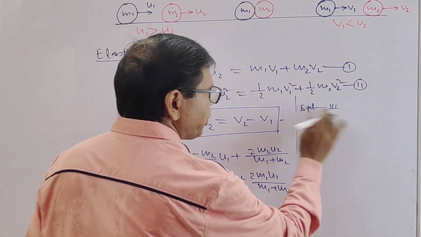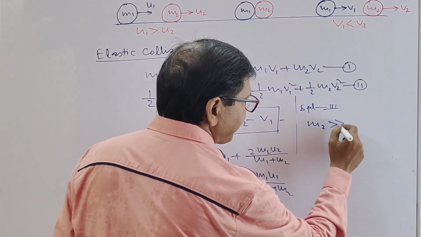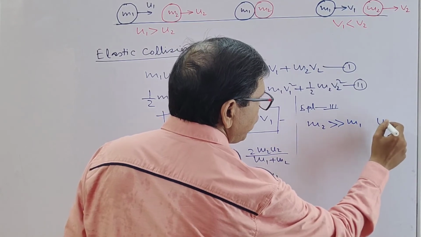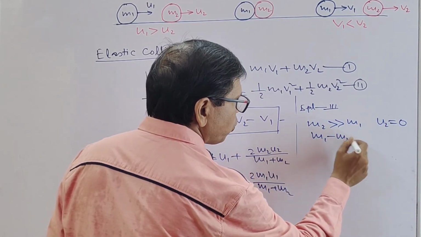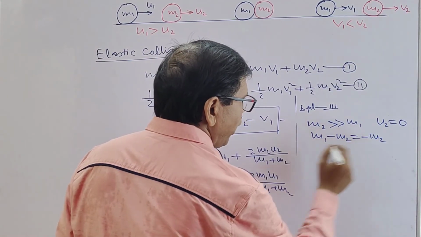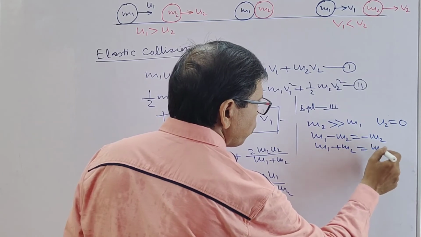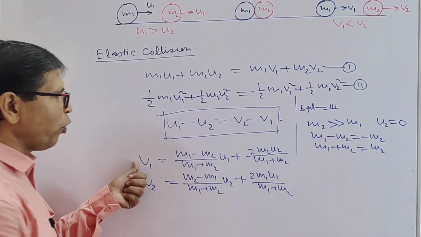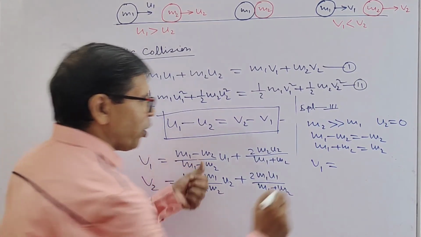Understood? Now special case 3: if m2 is greater than m1 and u2 equal to 0. Then m1 minus m2 equals minus m2, and m1 plus m2 is also m2. So v1 is equal to minus u1.